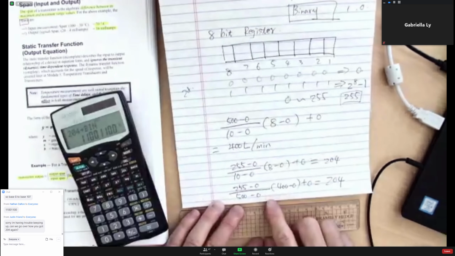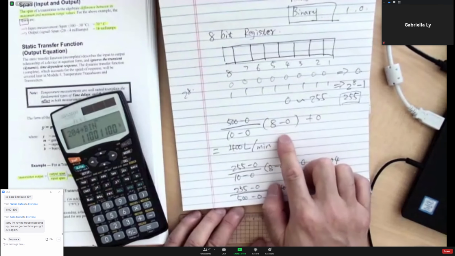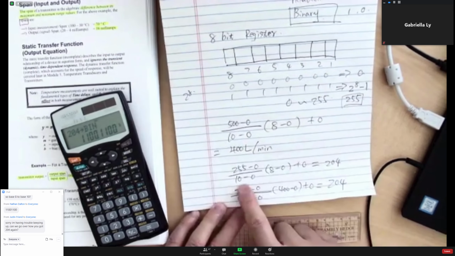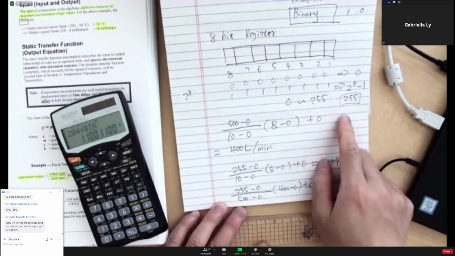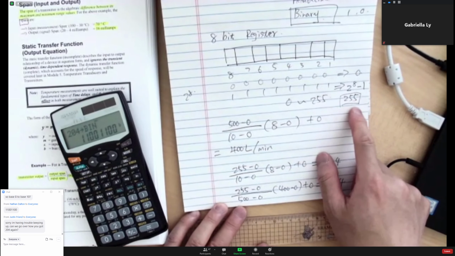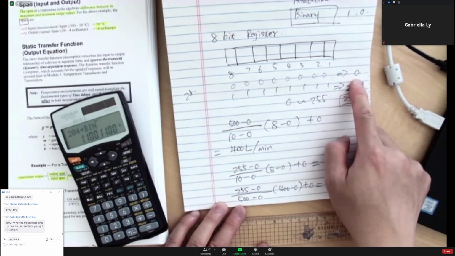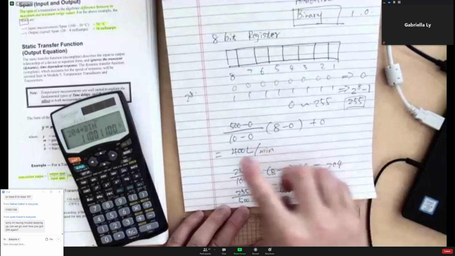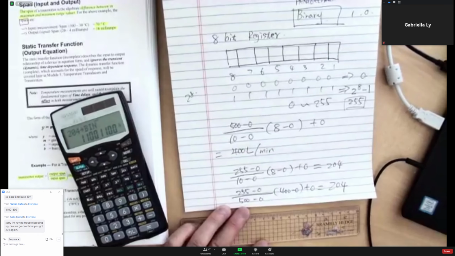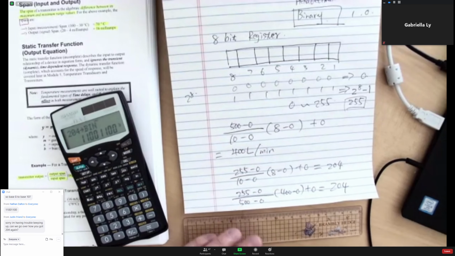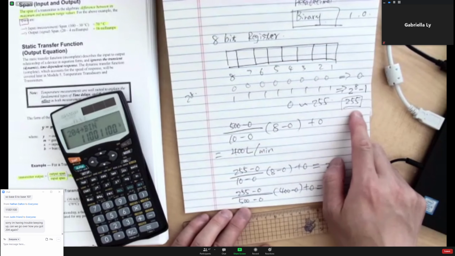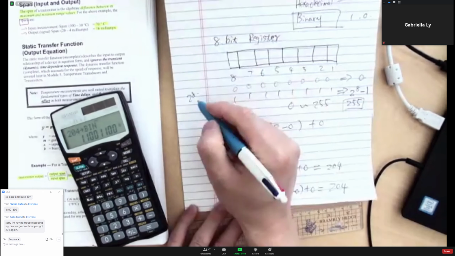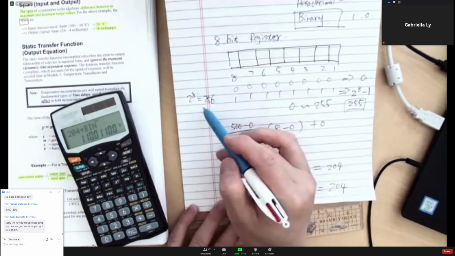How do we get 204? We got 8 volts, and the total is 10 volts. And our register's maximum number is 255, the minimum number is 0. So we can use 0 to 10 volts, but any of those values we can separate into 256 levels with the 8-bit register.